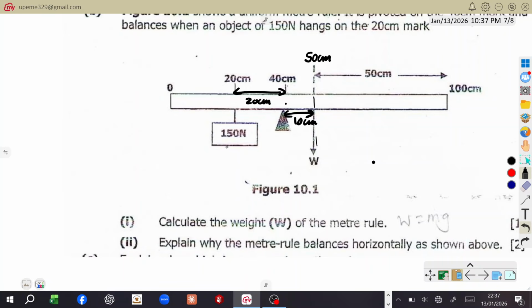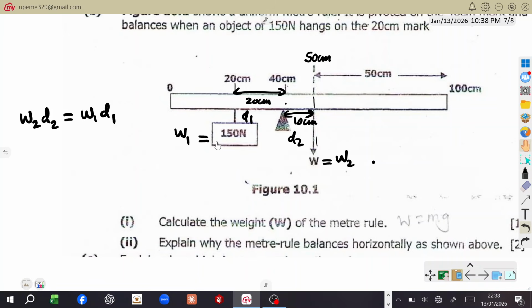So here you say W1, which is weight. This one we can say weight 1. Then that distance there, D1. Then this which is not known, it is weight 2. Its distance there, D2. So then we can say weight 2 times distance 2 is equal to weight 1 times distance 1.